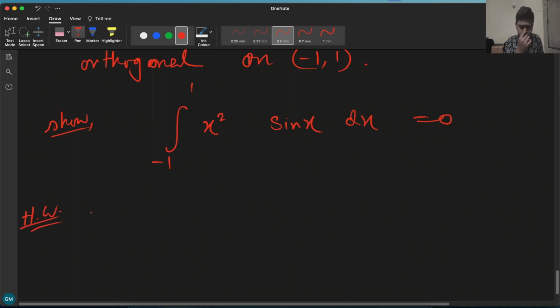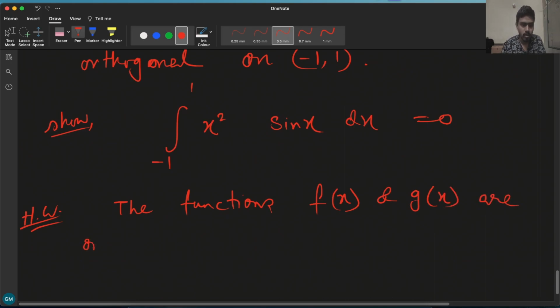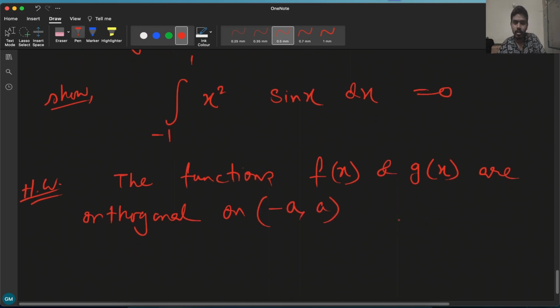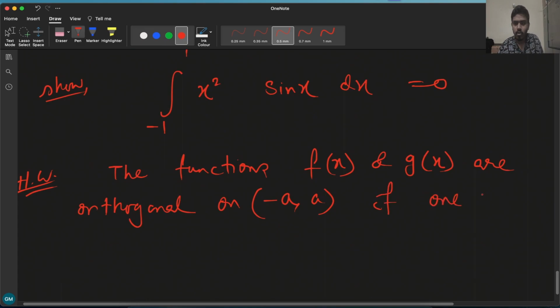Okay, now let me give you another homework: the functions f(x) and g(x) are orthogonal on -a to a, this interval, if one of them is an even function and the other one is an odd function.